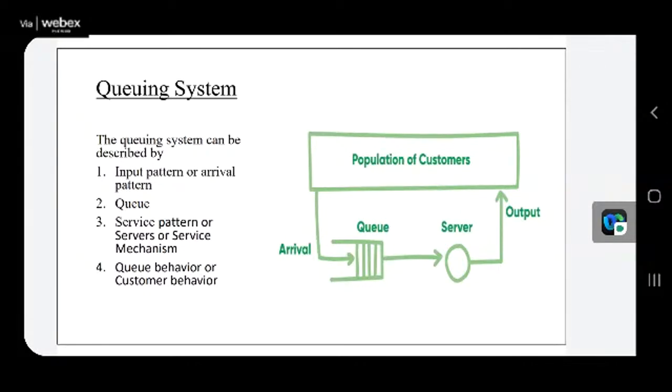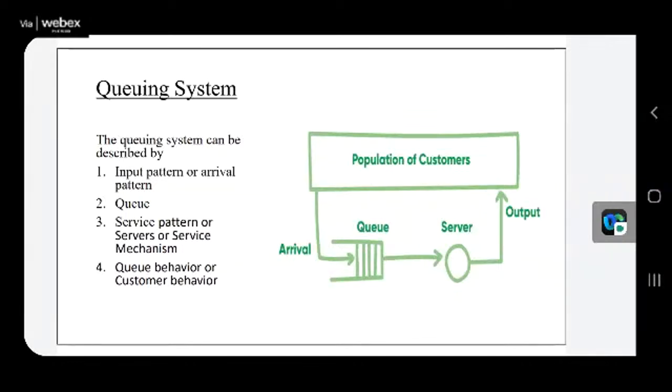I divide that system into 4 different parts for easy understanding. First is the input pattern or arrival pattern. It exists only if we don't have a ticket. If somebody books the ticket online, he doesn't need to wait in the queue.